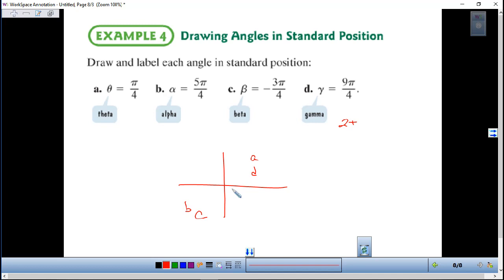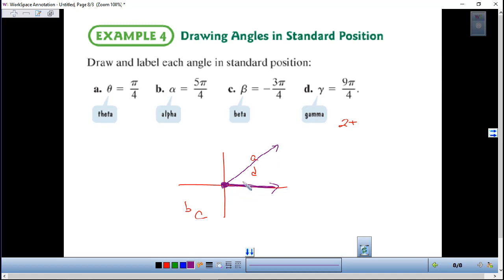And you don't have to get a protractor out to measure these, just estimate about where they are and mark the angle. So for instance, if I had done the 9 pi over 4, I'm going to go ahead and draw that one just so you see what it would look like. Of course, there's my initial side, and there's your vertex, and you're going to sweep through the whole thing and then back over, and it's going to be about right there.